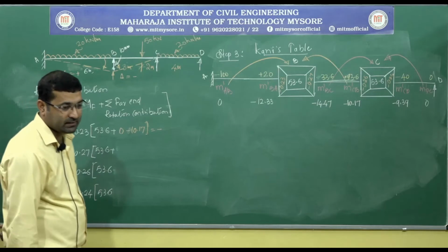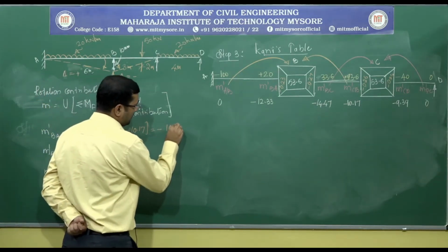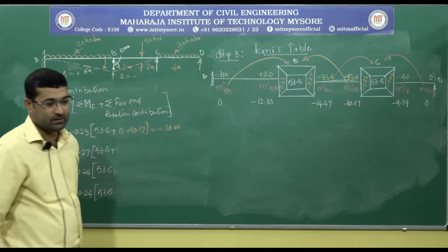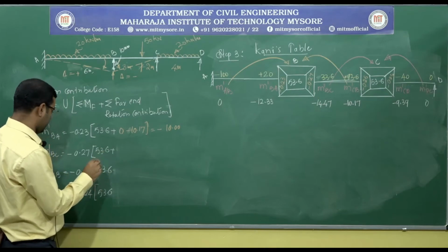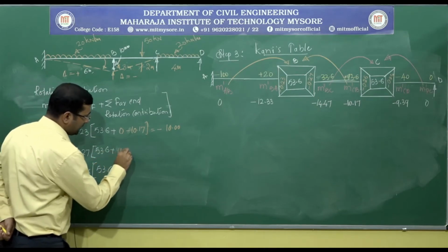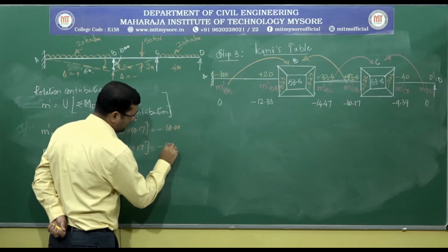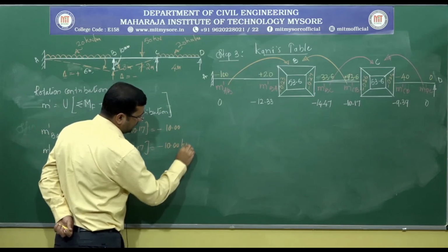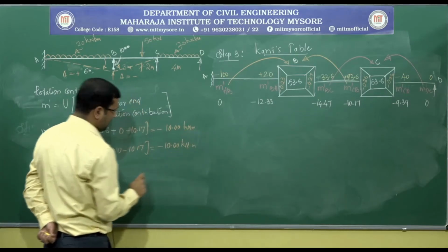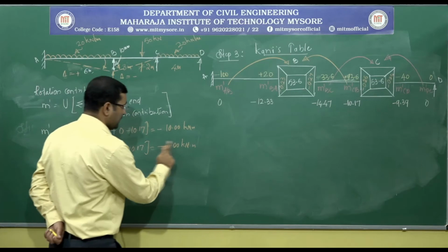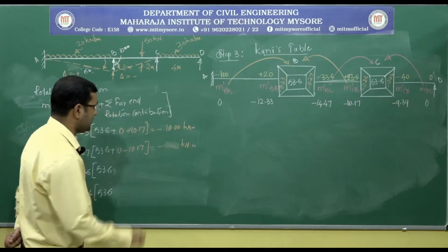And M dash BC, it is 0 minus 10.17. Sorry, this is not 10.00. This is 11.73.